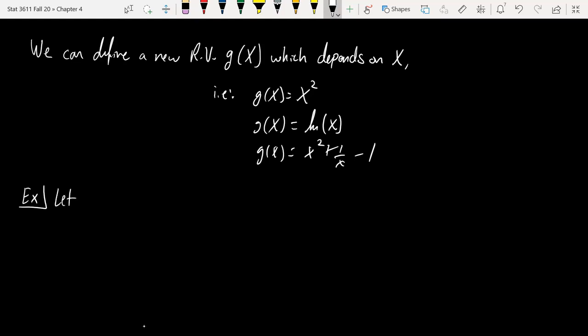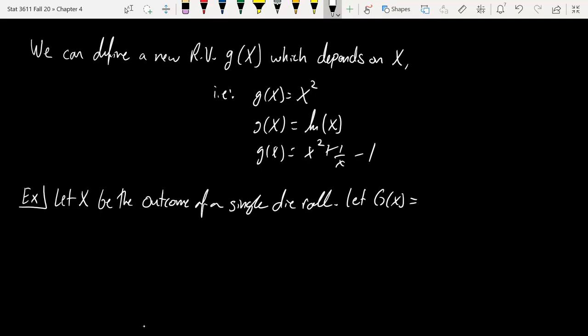Let x be the outcome of a single die roll. And in this case, let capital G of x equal x squared. What is the expectation of g of x here?